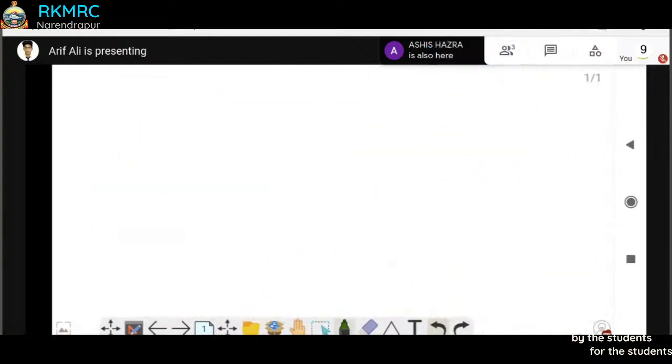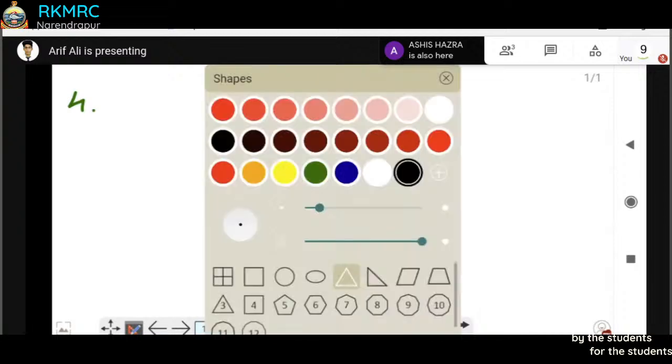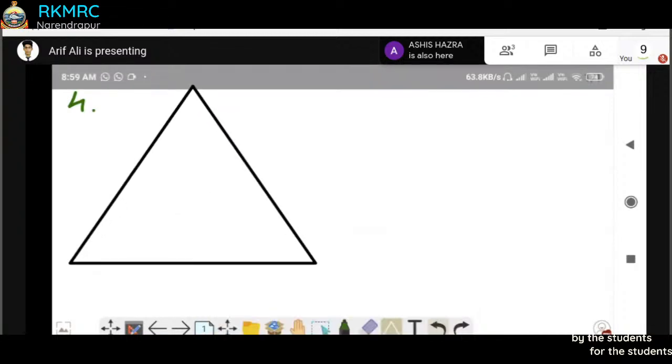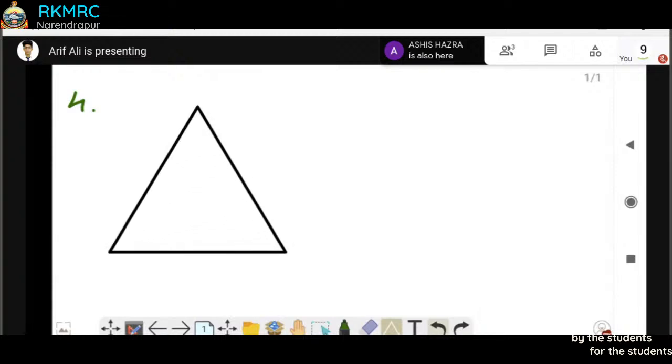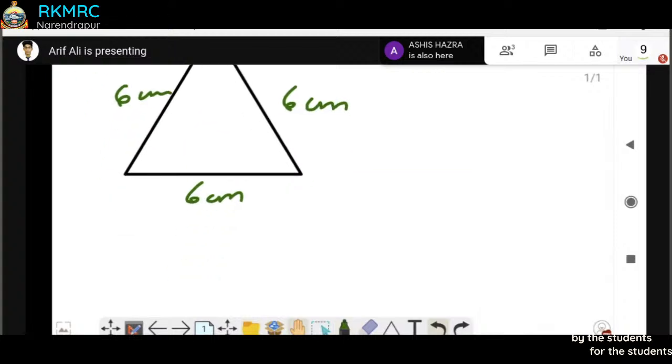So for area, this is your equilateral triangle, and this side is 6 centimeter, this side is 6 centimeter, this side is 6 centimeter. If you are asked to calculate area, how will you calculate? Let us check.